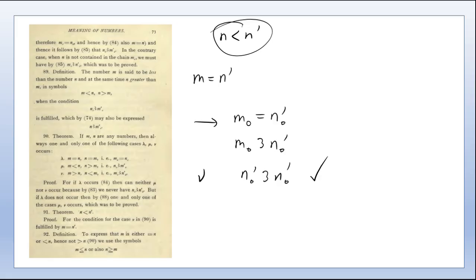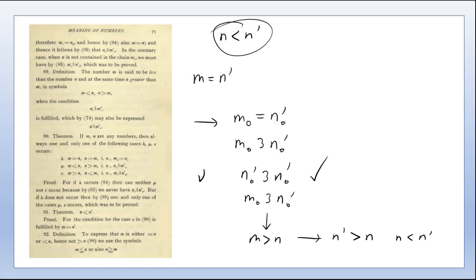Okay, so now if n naught primed is a part of n naught primed, then m naught is a part of n naught primed, so that matches up by nu to the case where we've got m is greater than n. But remember that m was equal to n prime, so therefore n primed is greater than n, or alternatively n is less than n primed.